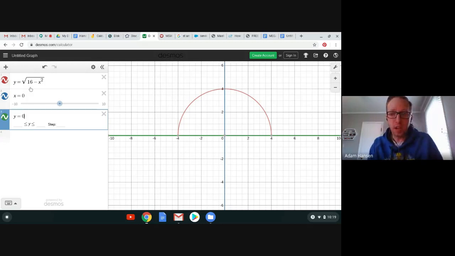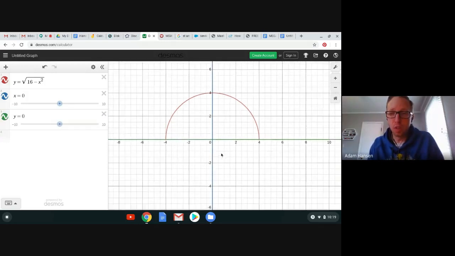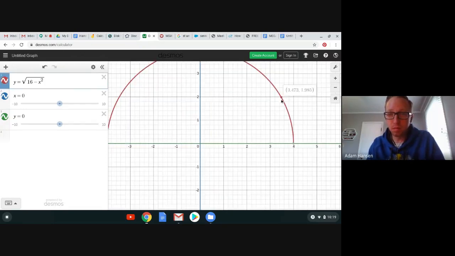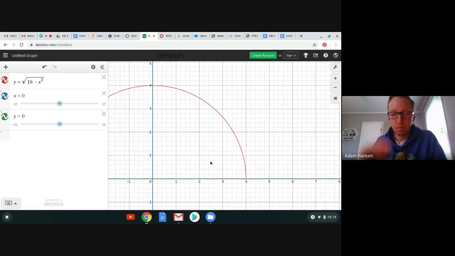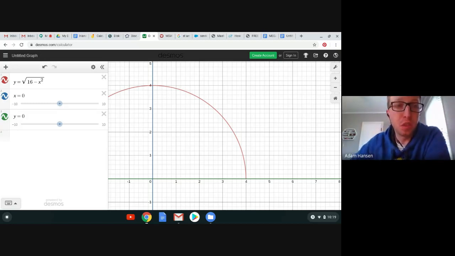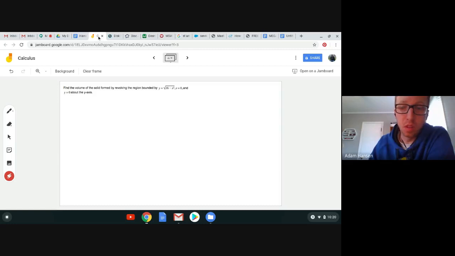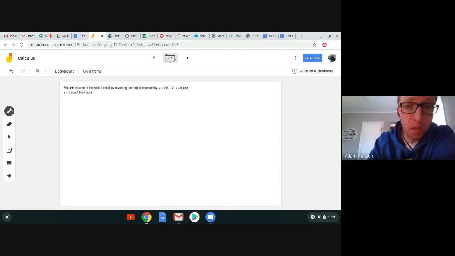Okay, so if I look at kind of this top right corner, it's almost like this top quarter circle is my region bounded by these three functions: x equals 0, y equals 0, and y equals the square root of 16 minus x squared. So as with everything, let's draw a quick picture.